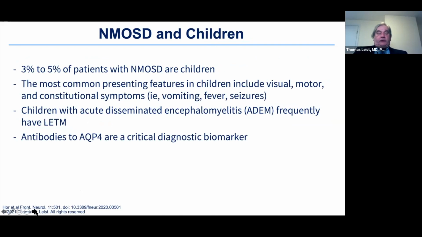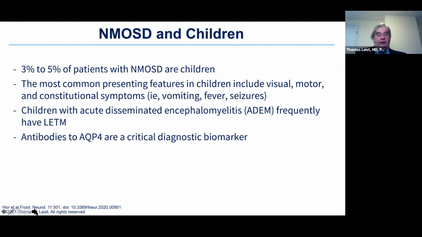A small fraction of patients with NMOSD are children. As you see here, it's about 1 in 20, 1 in 30. The presentation in children is a little bit different.